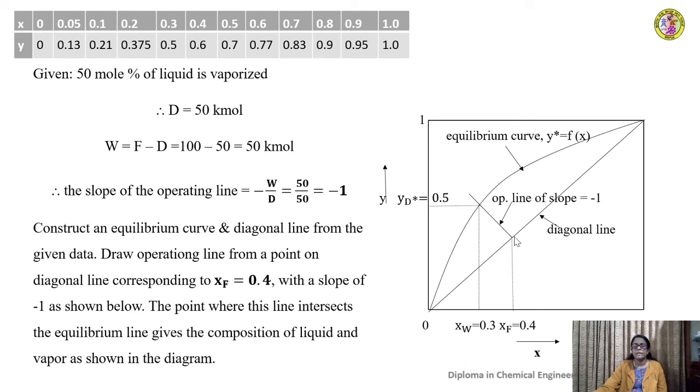Wherever that line coincides with the equilibrium line, that point is noted. From that point, you can read YD star, the vapor phase composition on the y-axis, and whatever value you can read on the x-axis is nothing but the liquid phase composition. So that is how we can solve the problem through a graphical method in flash distillation.